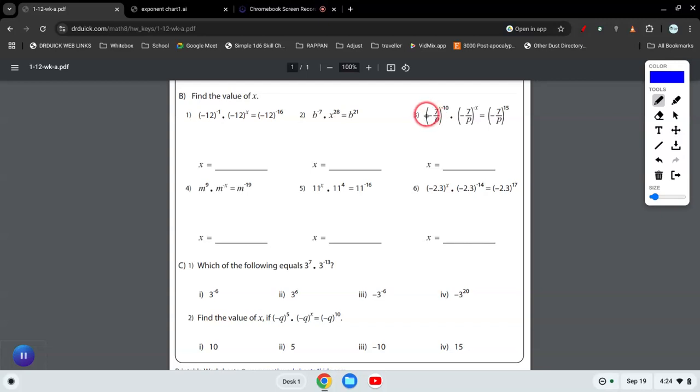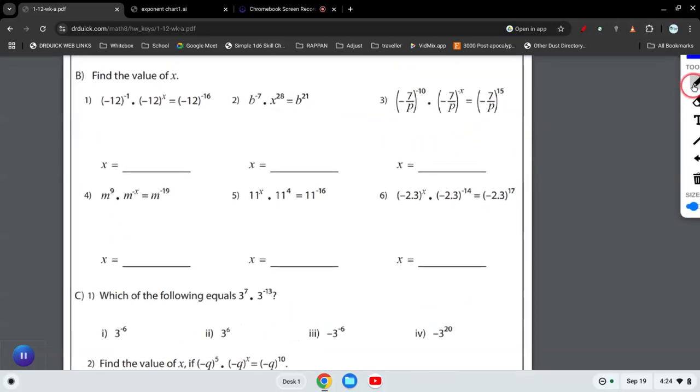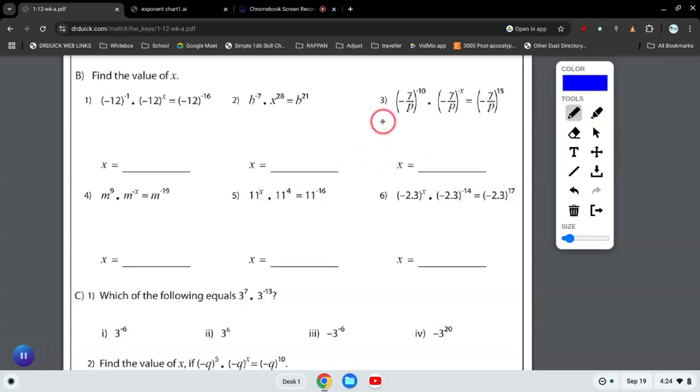So I'm just going to put a letter for this. My pen's really kind of goofily big for this. I'm going to make minus 7 over p equal y.